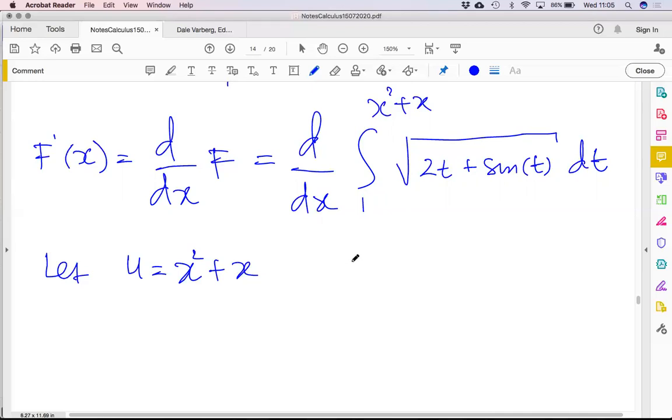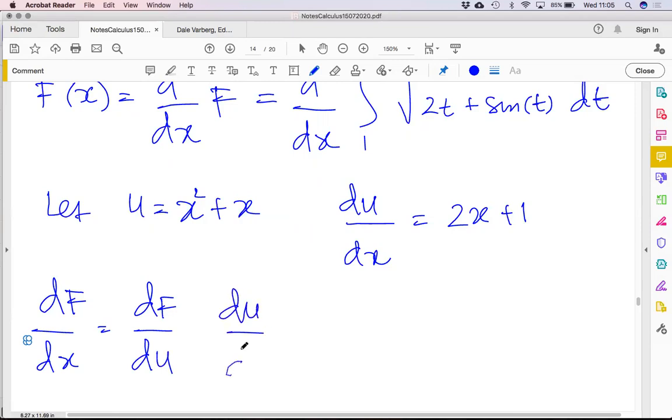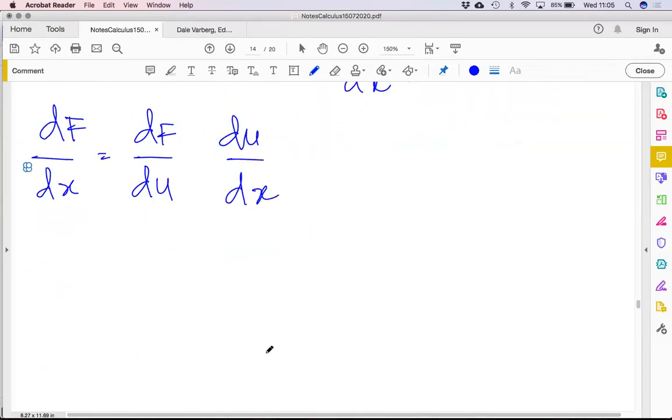And then you need to calculate also u prime, or du/dx, which becomes 2x plus 1, right? Therefore, for df/dx, remember the chain rule here. We apply the chain rule. First we go through u, df/du, and then du/dx.